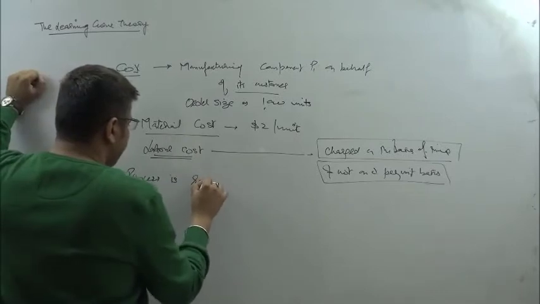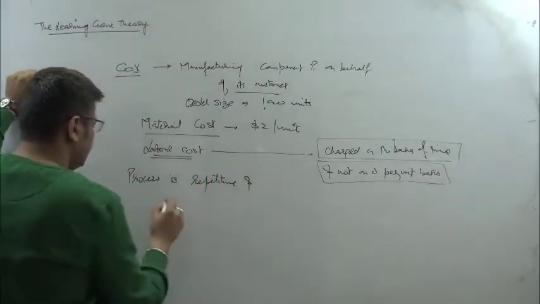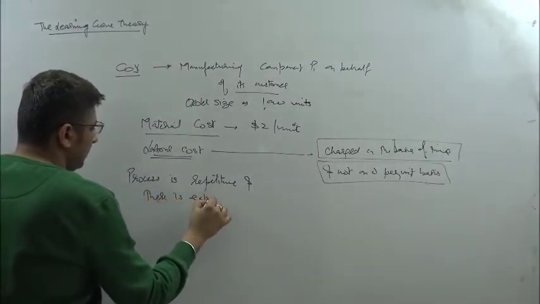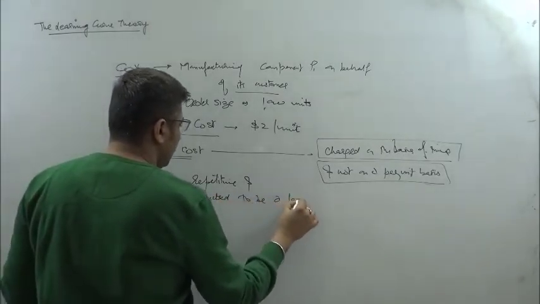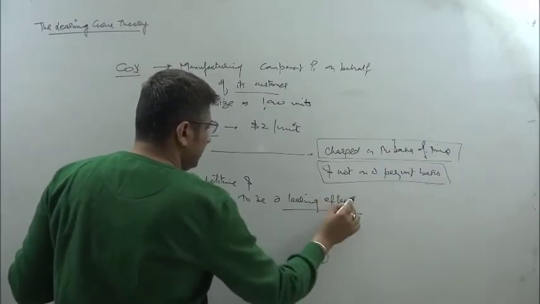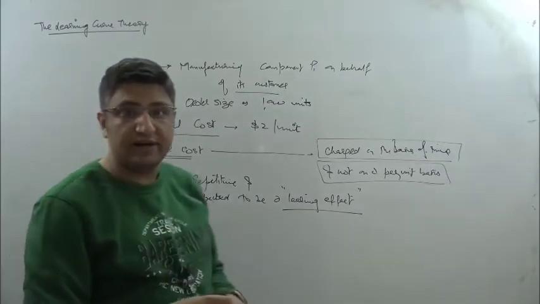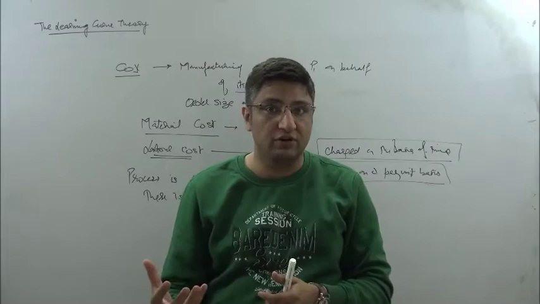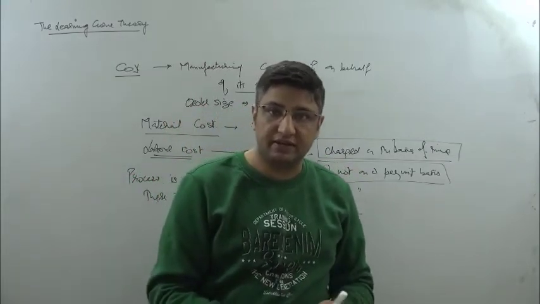Now if you put it like this, that the process is repetitive and there is expected to be a learning effect, this term says that initially you would require more time to do the process or manufacture the product, but gradually you learn how to deliver it.